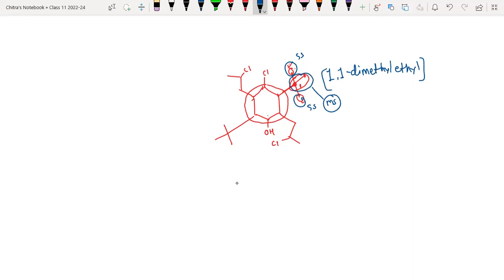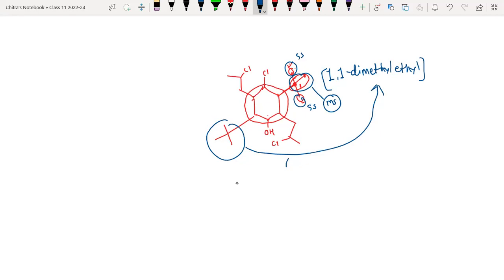For this again it will be the same name, 1 dimethyl ethyl. Whenever you are writing a complex substituent, just mention the position for each, whether it is 1, 2, 3, whatever it may be. It is not necessary to represent 1, but from my side just use the 1 position for complex.